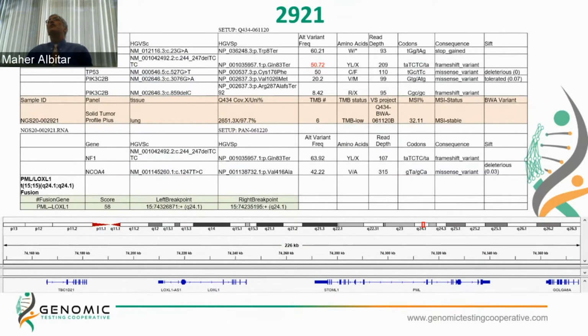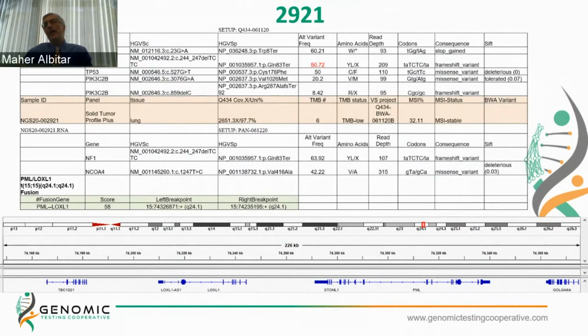So, sorry, it's not this case. Actually, they are both on the same arm and they are adjacent to each other, but because the fusion RNA is detected at a very high level, we have to call it.